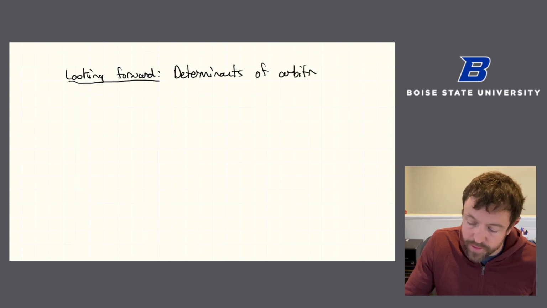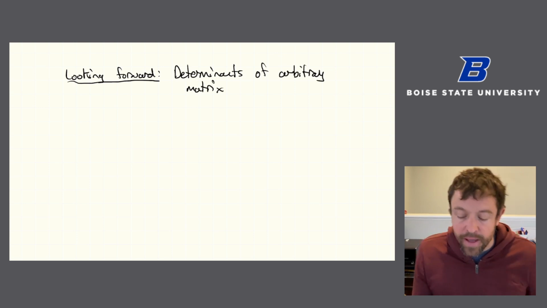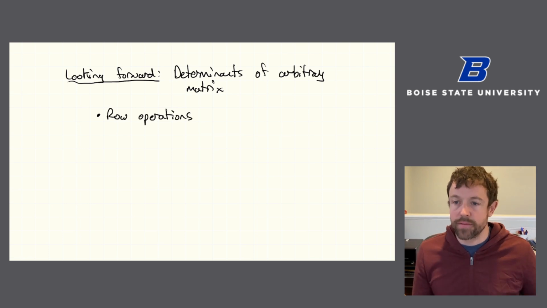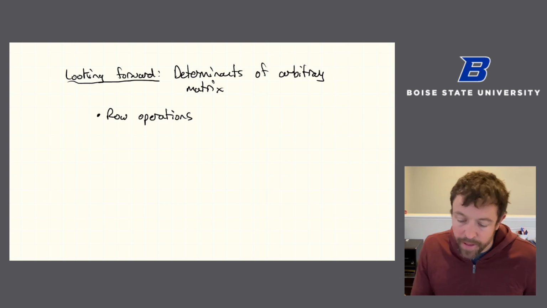That is, you're given any square matrix and you can find its determinant. And one of them is what I've alluded to a bunch, row operations. We know the determinants of elementary matrices, and we can figure out how to write a matrix as a product of elementary matrices and figure out its determinant.